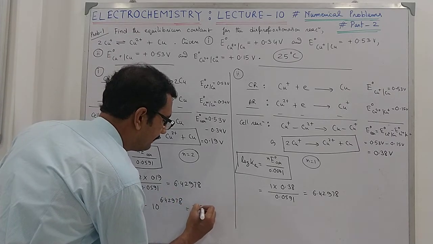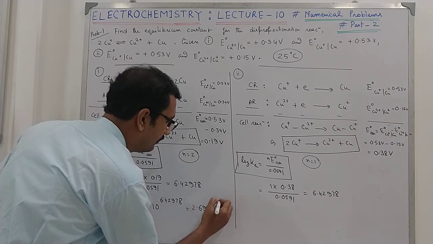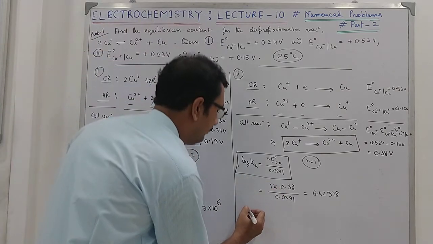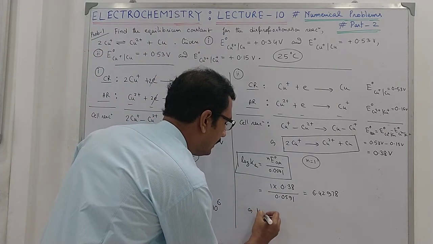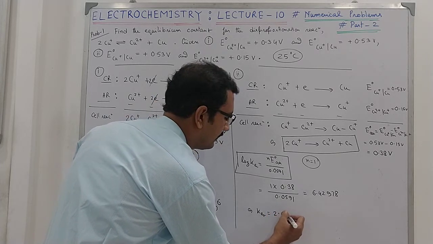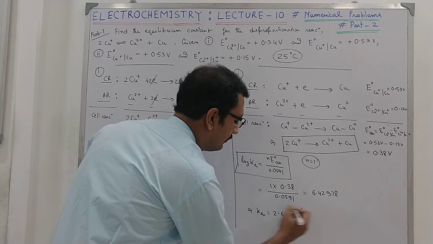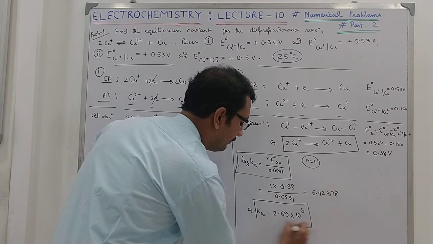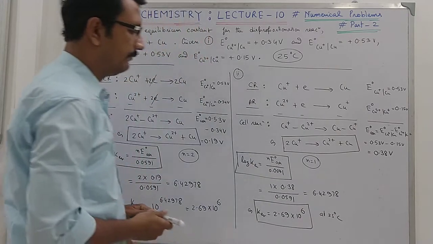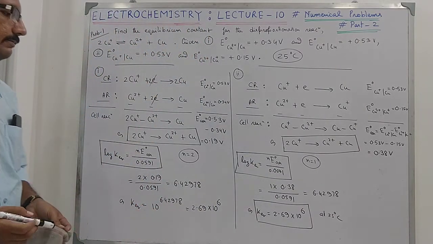Please check it. So this will be the value here. Same thing. So here K equilibrium will be 2.69 into 10 to the power 6. This will be the value of the equilibrium constant at 25 degrees centigrade for this reaction.